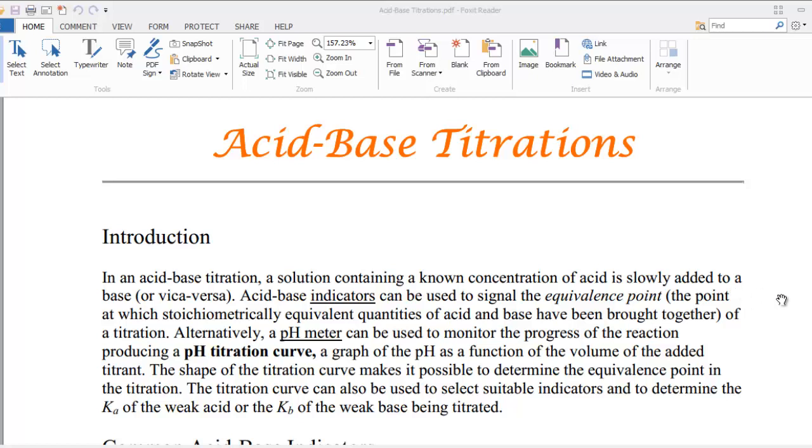When we're doing this titration, we're basing it off of the theory that if I add the exact number of acid molecules, so that the number of H+ ions is equal to the number of OH- hydroxide ions, I will neutralize the solution entirely.